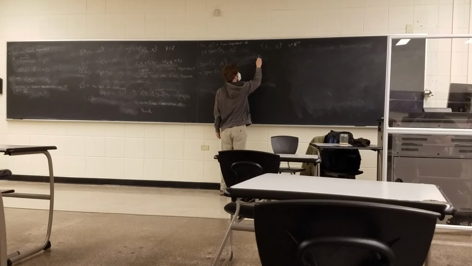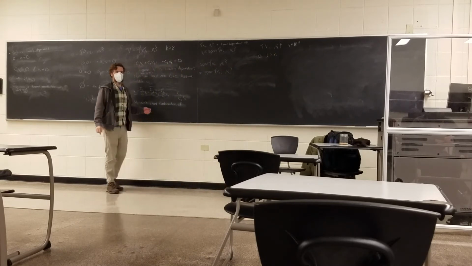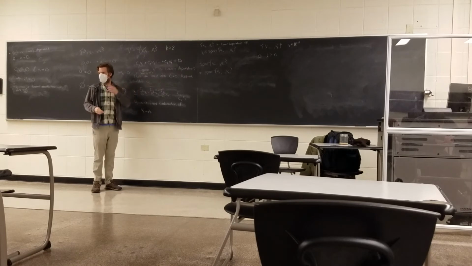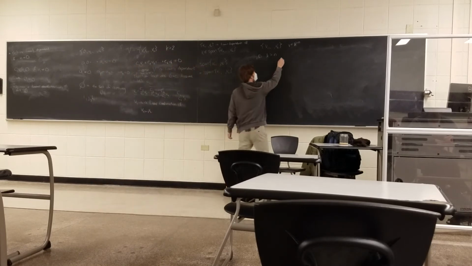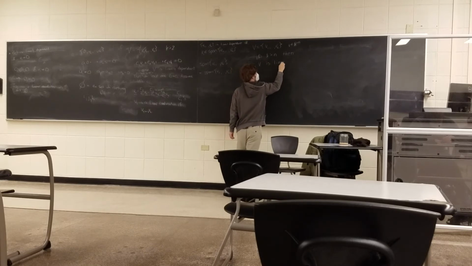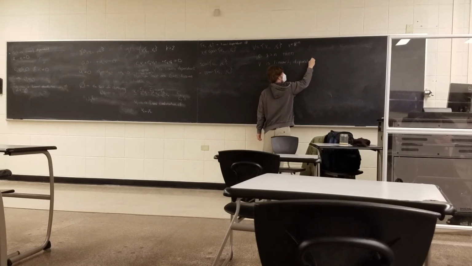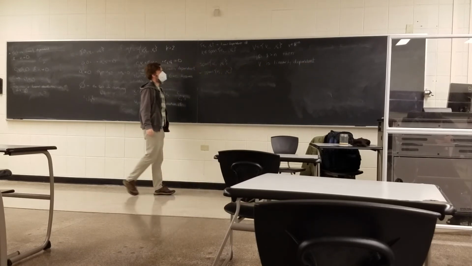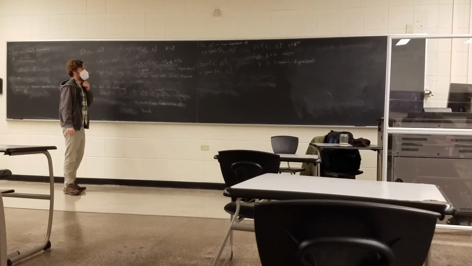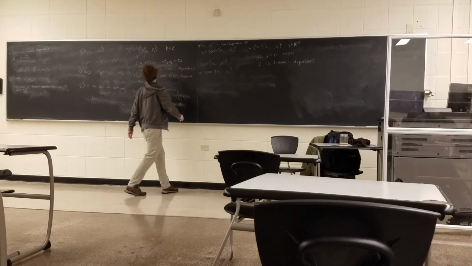If k is greater than n, so if there are more vectors than there are entries in the vector, then V is linearly dependent. And again, let's mark these things as special.